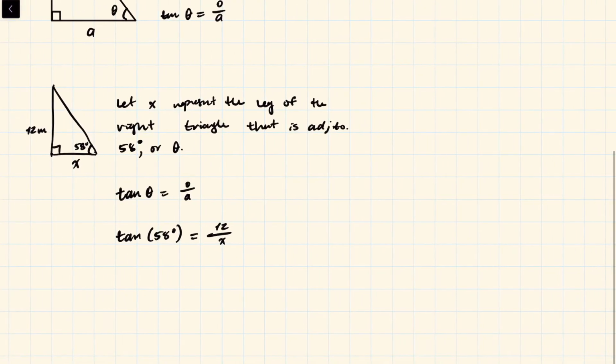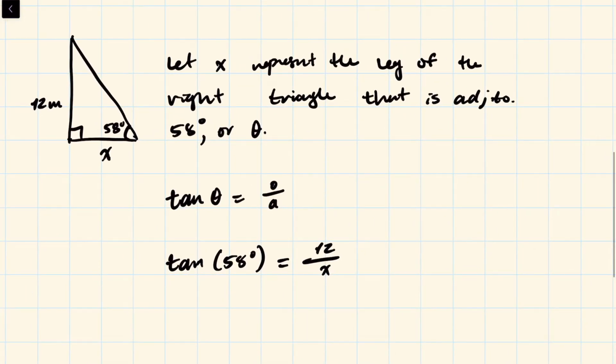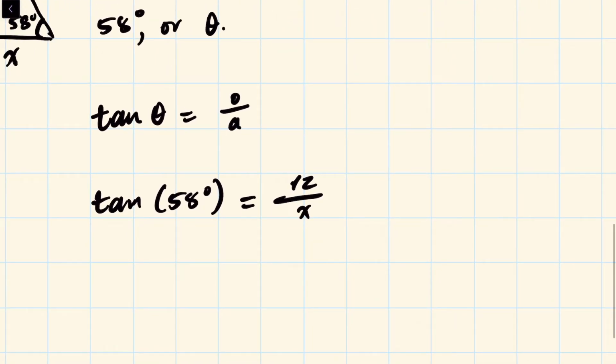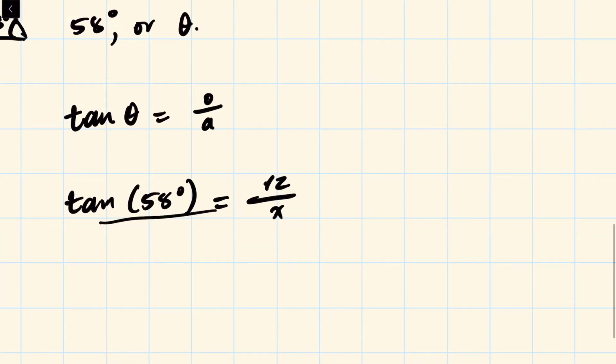Right, because we said let x represent this leg, or the length of that leg. So let's solve for x now. We're going to cross multiply. Imagine this is over 1, right? So tangent 58 degrees multiplied by x, and then 1 multiplied by 12.